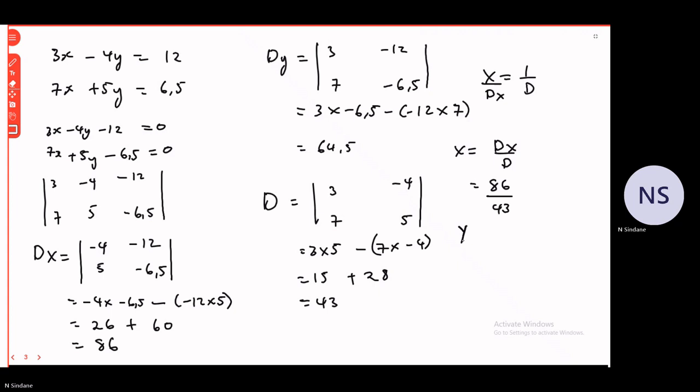And then y will be negative Dy over D, right? Coming from negative y over Dy is equal to 1 over D. Cross multiply and divide by negative D. So this will give you negative 64.5 over 43, right? Then it gets your solutions for these two.